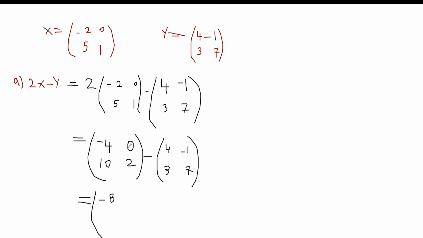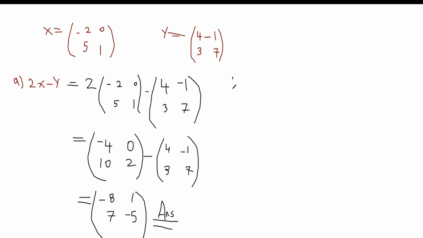Then the element in the first row, second column right here is 0 minus minus 1. This minus and this minus make it become plus, so this becomes 1. Then it's 10 minus 3, which makes it become 7. Then 2 minus 7 becomes minus 5. So that would be the answer: minus 8, 1, 7, minus 5. That's how we find 2X minus Y.